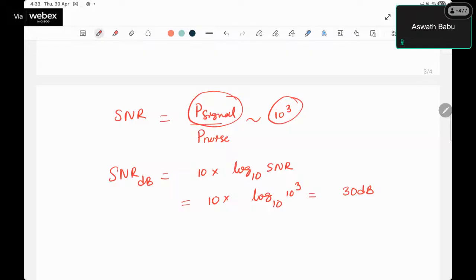Instead of writing an SNR ratio of 10 to the power of 3, you just say 30 decibels. This is a conventional way of representing the noise in the system. 30 decibels is reasonably fine. SNR is fine means the noise is just 1 part out of 1000. That is what 30 decibels means.